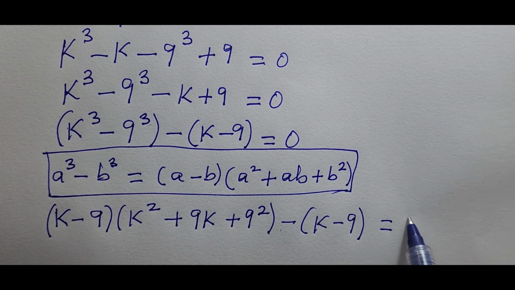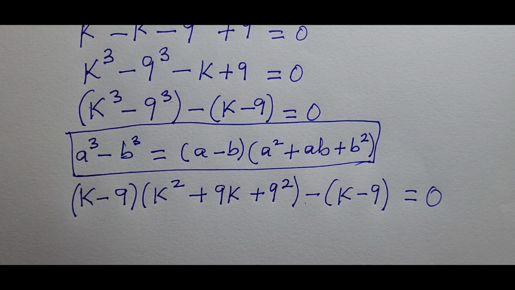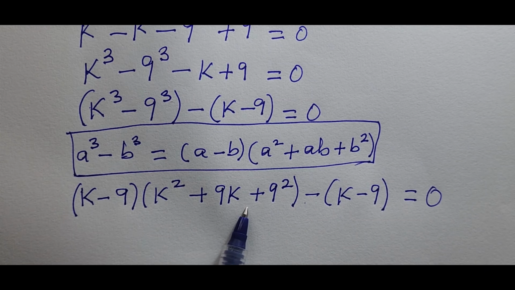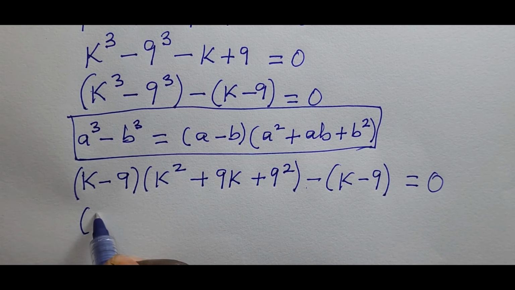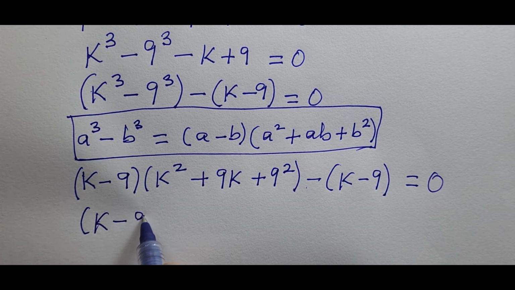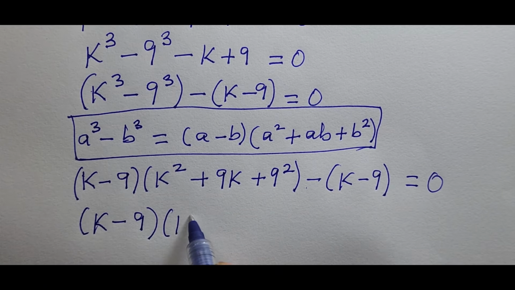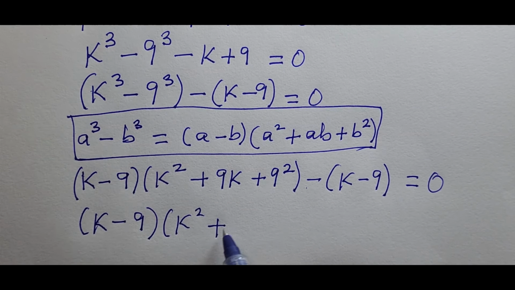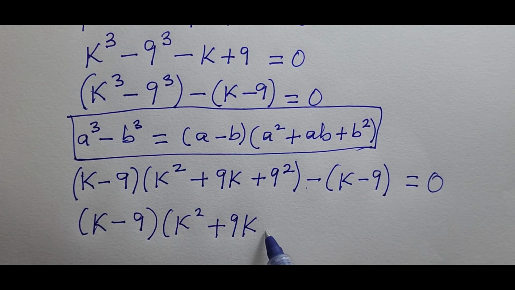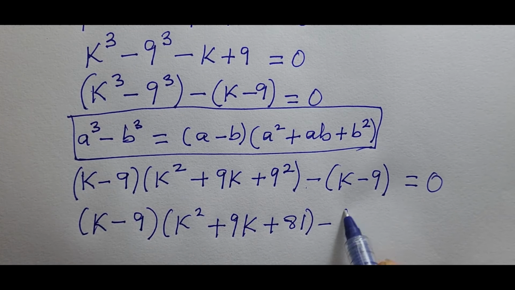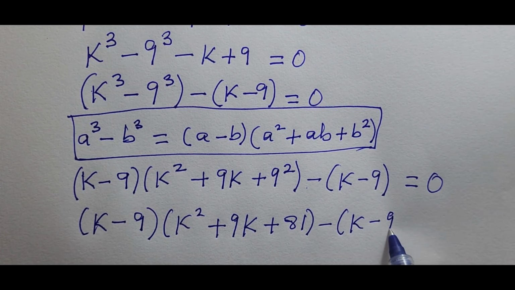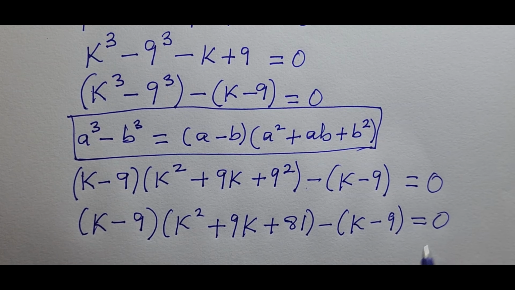This is equal to 0. So we can open this up. 9 to the power of 2 is 81. So this gives us k minus 9, bracket k to the power of 2 plus 9k plus 81, close bracket, minus bracket k minus 9, close bracket, equal to 0.